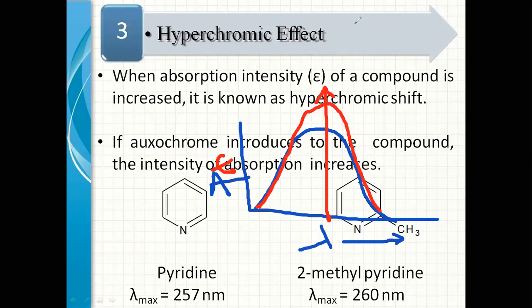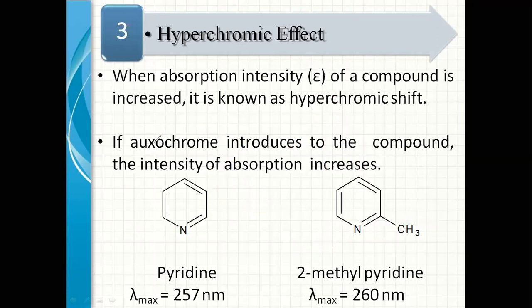If an auxochrome is introduced to the compound, the intensity of absorption increases. See here, this is pyridine, lambda maximum is 257 nanometer.